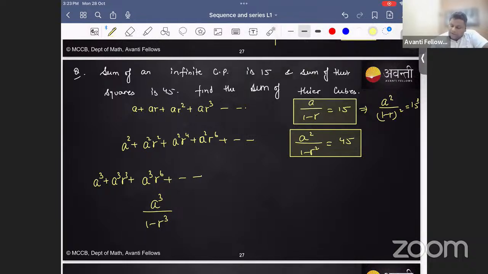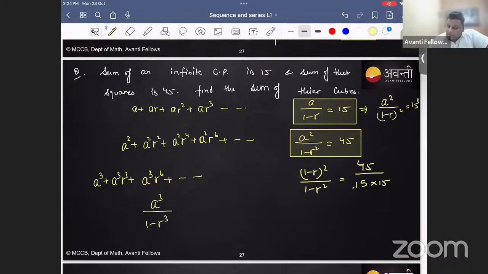Now, divide both of them. So, 1 minus R whole square upon 1 minus R square is 15 into 15 upon 1 minus R square. So, it will be 45 in the numerator, 45 upon 15 into 15.